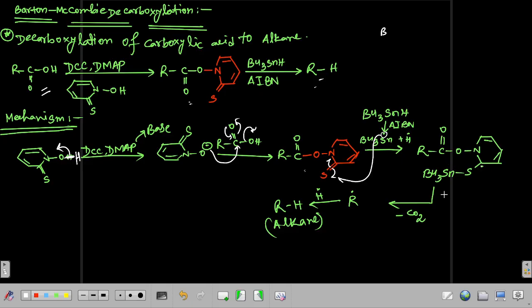Next, this bond will break, and this bond will break. Okay, so it leads to the removal of the CO2, and it leads to the formation of this free radical intermediate. This alkyl free radical will recombine with the hydride free radical, so it will form this alkane.